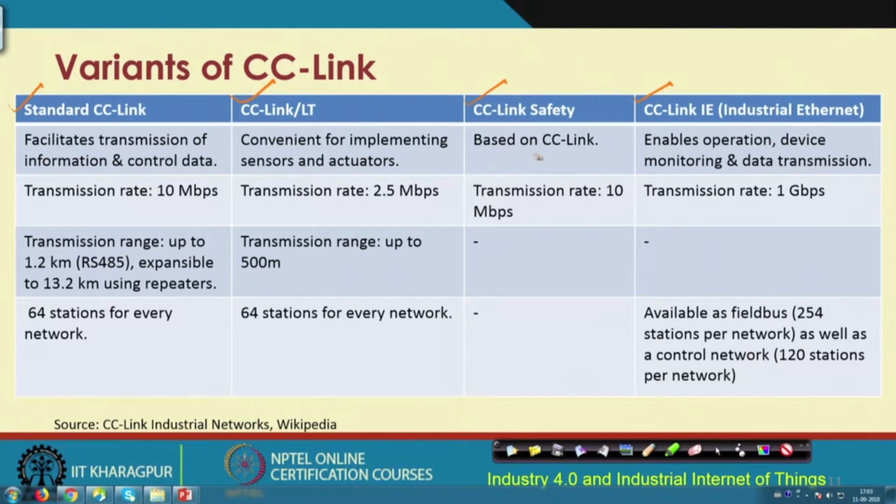CC link safety is based on the CC link protocol, and CC link IE enables operation, device monitoring and data transmission. The corresponding data transmission rates are given over here: 10 Mbps for standard, 2.5 Mbps for CC link LT, 10 Mbps for safety and 1 Gbps for industrial ethernet, and the other features are listed over here.